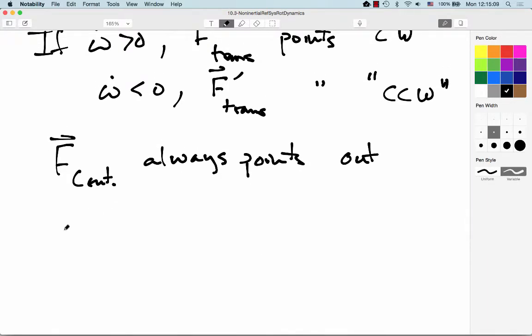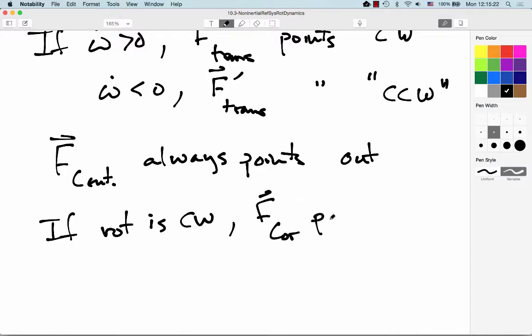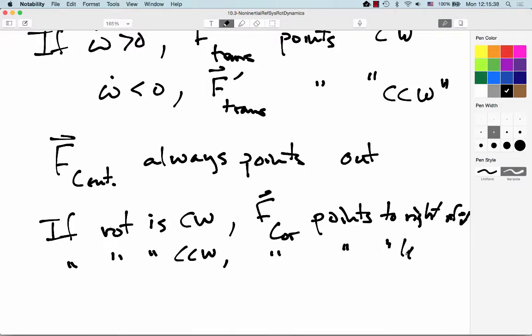And if our rotation is clockwise, the Coriolis force points to the right of V. And if it's counterclockwise, it points to the left of V prime.